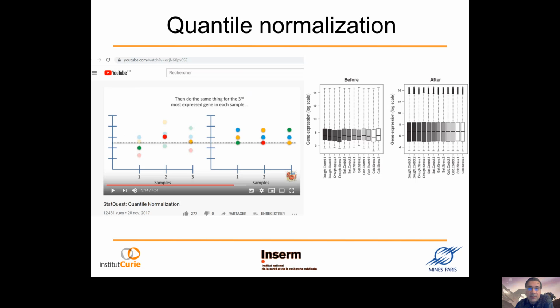is to apply quantile normalization. In statistics, quantile normalization is the way to make the distribution of values in each observation identical. Here is an example. Each box plot represents a distribution of values in a particular observation.